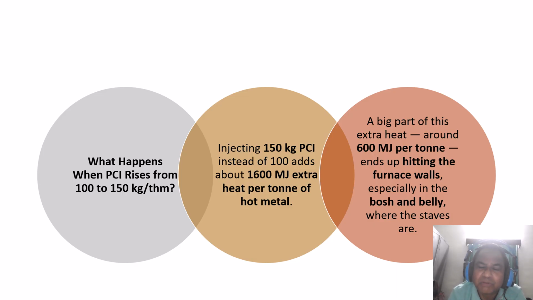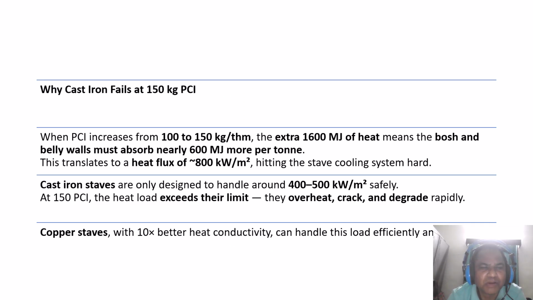All the heat energy does not dissipate on the wall, and assuming around 30 to 35% of heat is sustained and felt by the side wall, it comes to around 600 megajoule. As we have shown in our calculation, this 600 megajoule per ton is equivalent to 800 kilowatt per meter square hitting the stave cooling system.